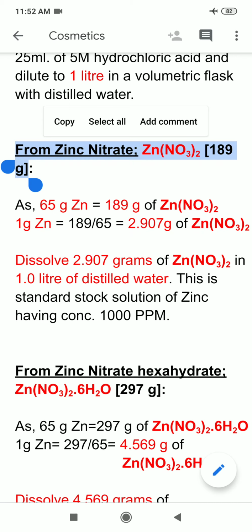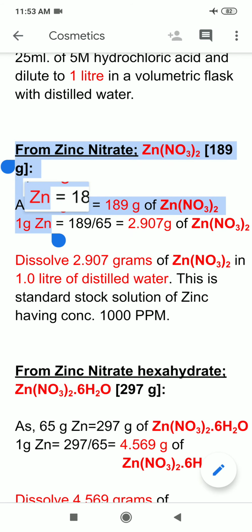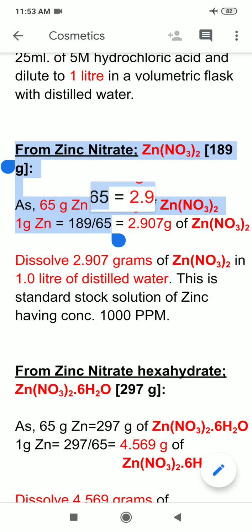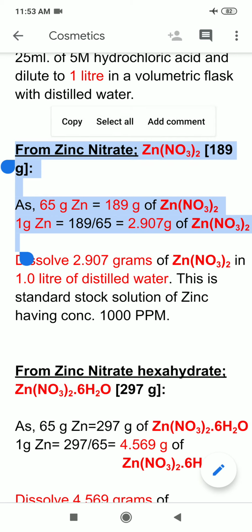It means 189 grams of zinc nitrate has zinc equal to 65 grams. So I can apply equivalence that 65 grams of zinc is equivalent to 189 grams of zinc nitrate. So 1 gram of zinc will be equal to 189 by 65 grams of zinc nitrate, and this comes out to be equal to 2.907 grams of zinc nitrate.